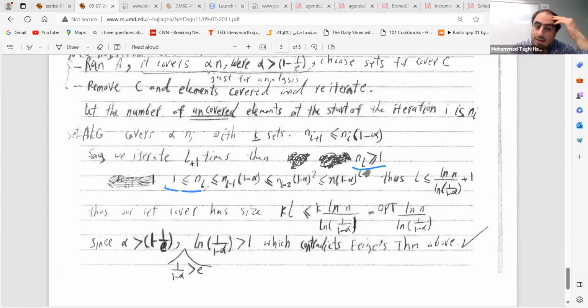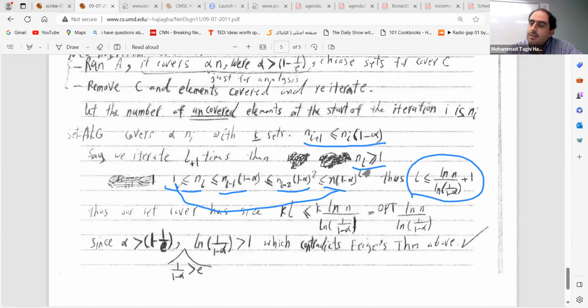And I know that n_L is less than or equal to n_{L-1} times (1 minus alpha), because it is the alpha approximation. I just expand this, n_{L-2} and so forth, and get n times (1 minus alpha) to the L. Thus I have n times (1 minus alpha) to the L is greater than 1. I just solve this equation, the last one and the first one, and then I get L is less than ln of n times this.